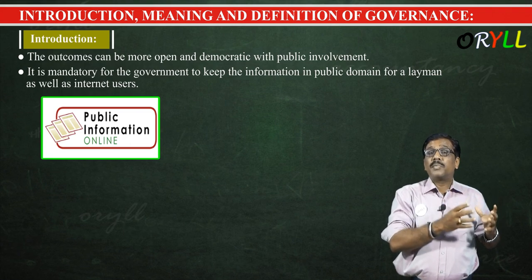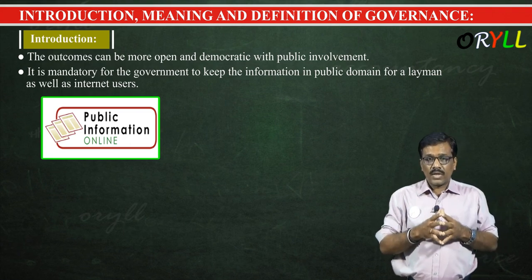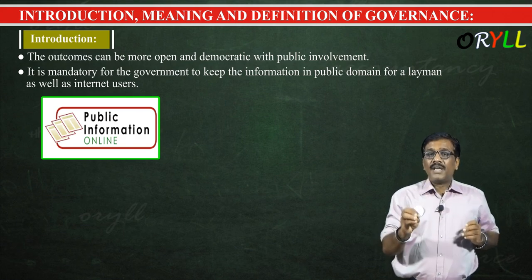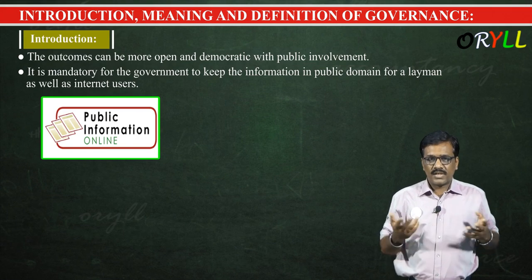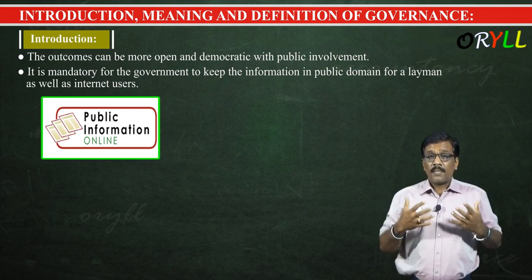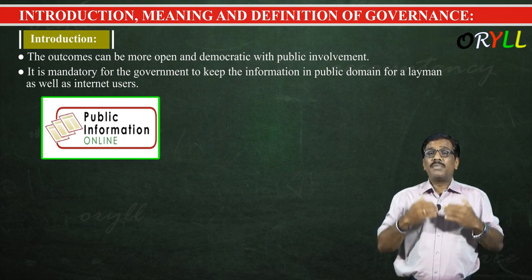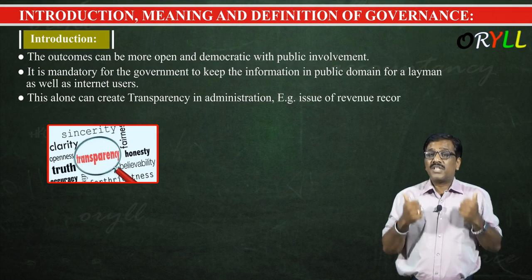It is the responsibility of the government to make people aware of what situation we are in, not only for internet users, because internet users anyhow will know through Google or some other search engines. But the layman also, through newspapers, radio broadcasting, TV broadcasting, you should keep the people informed about what is happening within the government. This alone can create transparency in administration.